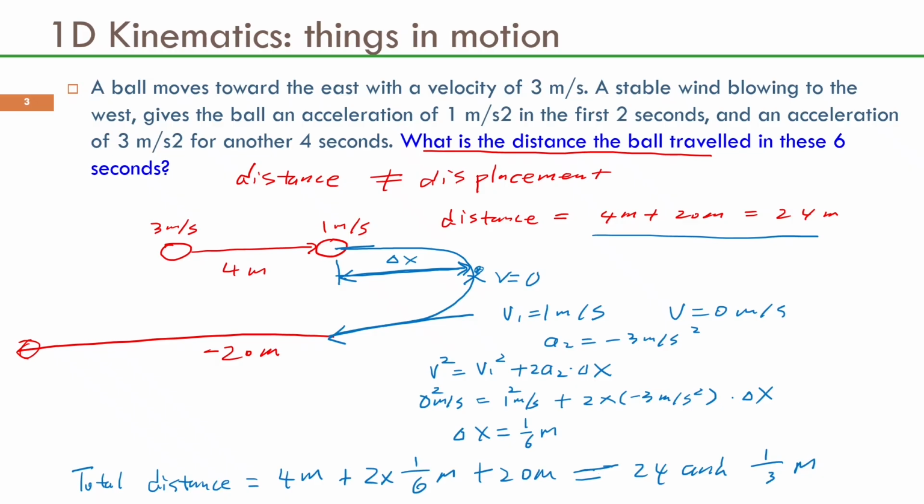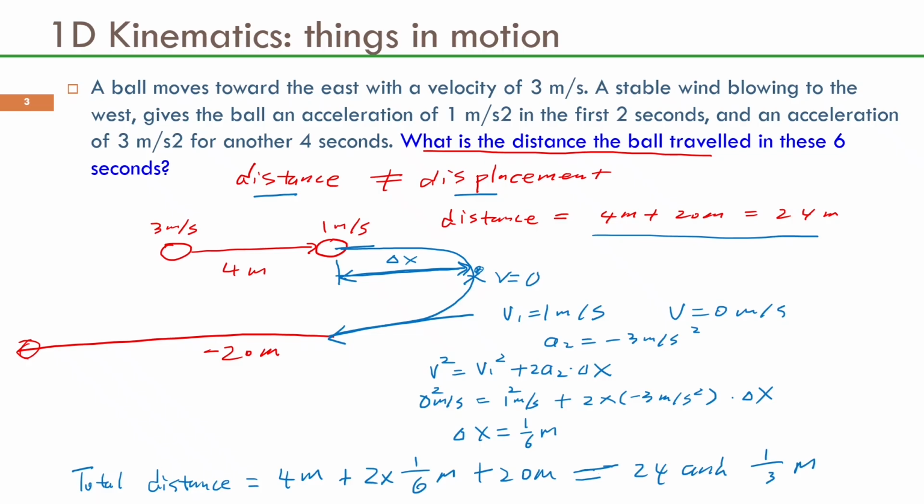So that's the distance the ball traveled. Here I want to use this example to show you that the distance is different from displacement. And in order to calculate the distance, you need to calculate how the motion covers along the whole path.